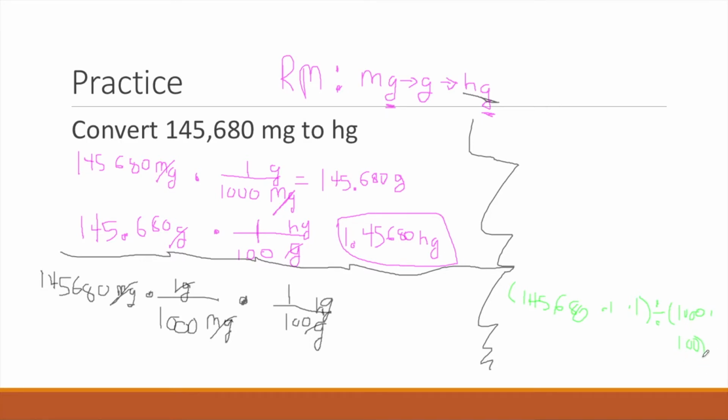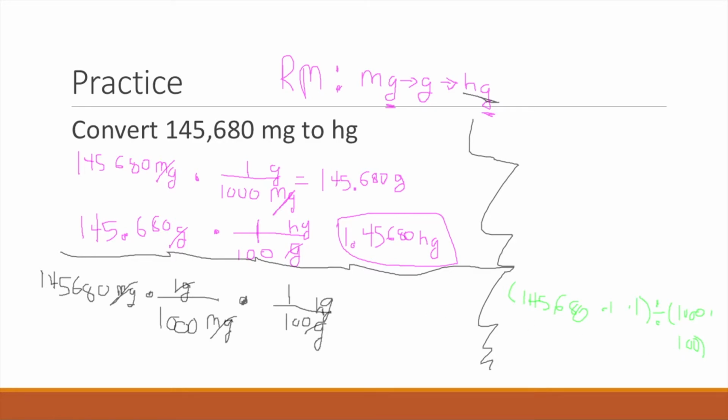Okay, and you hit enter. You have to enter in your calculator just like that, with all the numbers on top in parentheses divided by all the numbers in the bottom in parentheses, because if you don't, your calculator will not follow PEMDAS.